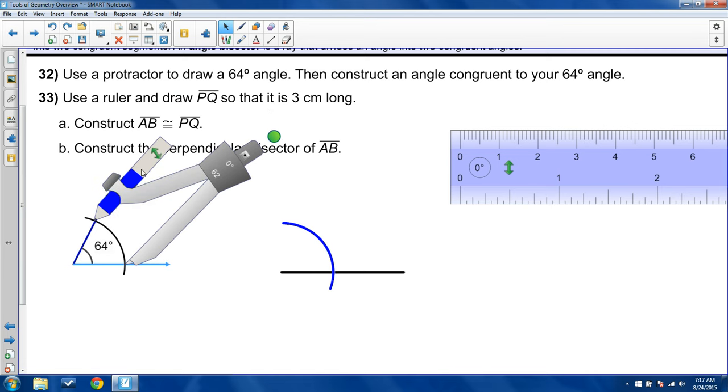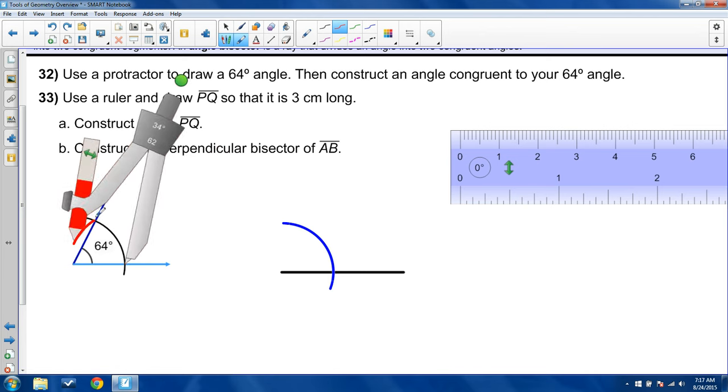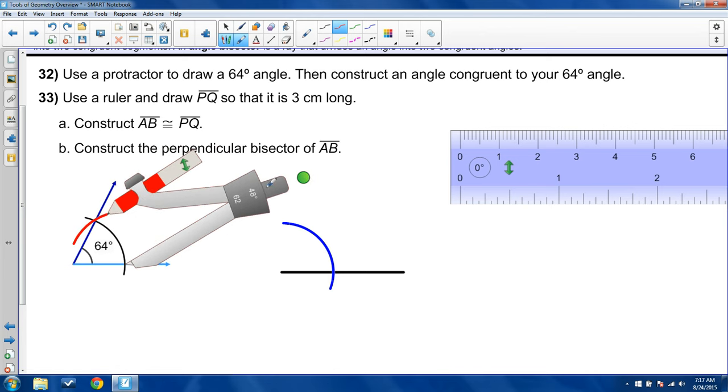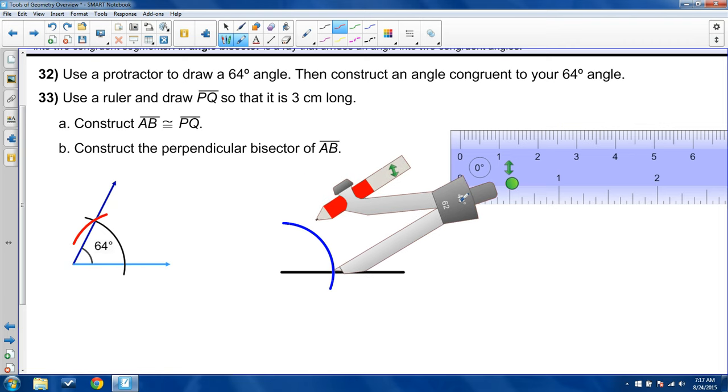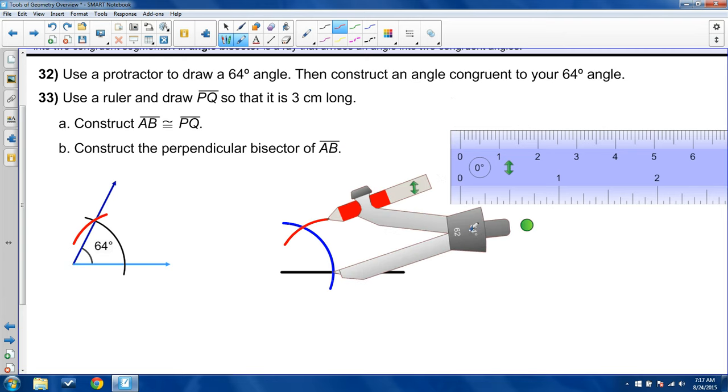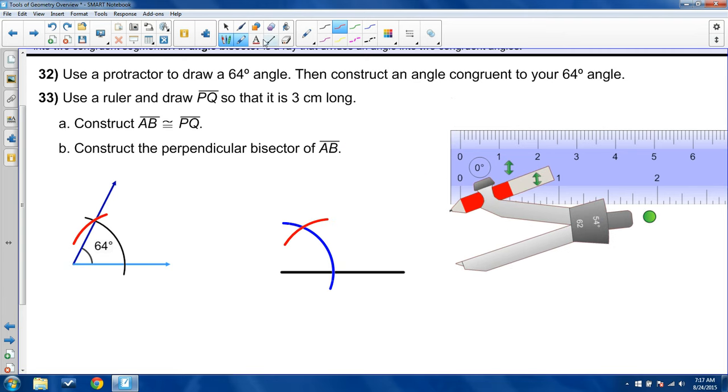And then I can draw an arc, and as I go over here, keeping that same width, I just need to draw another arc here as well. When I do that, I will have created a point of intersection that I want to draw a segment through. So my third action here is starting at this vertex. I would use a straight edge if I had a piece of paper, but I have a line tool, and I'm going to draw through that point of intersection right there.